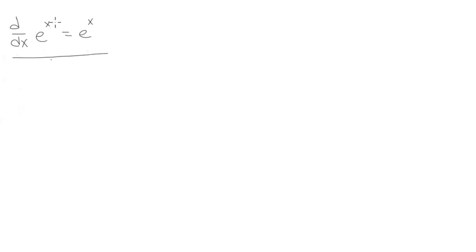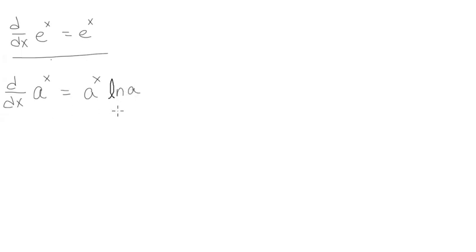So e to the x is an exponential function, and the more general form of the rule for exponential functions is that for any constant a raised to the power x, its derivative is going to be that constant raised to the x times the natural log of a.